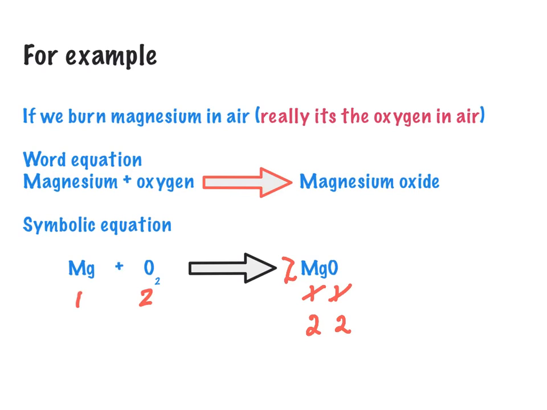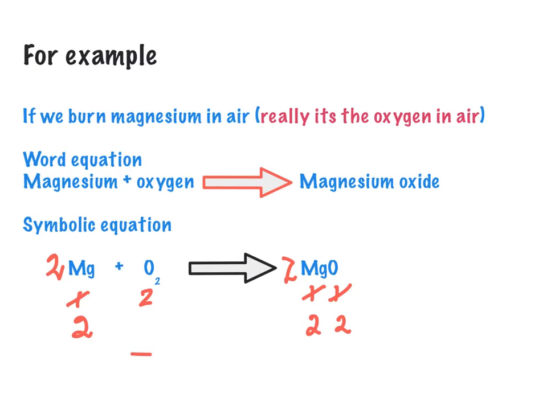So far I've got 2 magnesiums and 2 oxygens on my products, and I've got 2 oxygens here. So the only way I can fix it up is to put a 2 there. And now I have 2 Mgs and 2 Os here. In other words, my mass is the same as my mass here, because I've got 2 Mgs, 2 Mgs, 2 Os, 2 Os, balanced. That's what we mean by balancing equations.